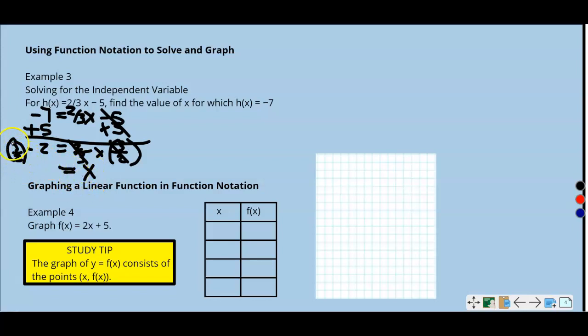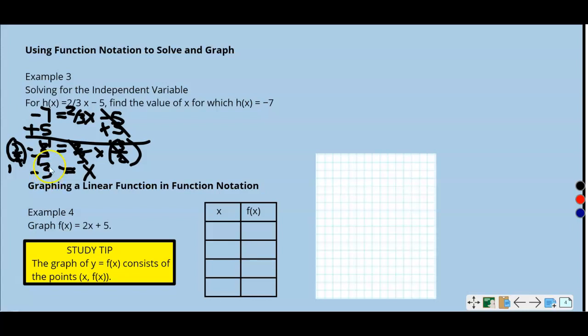So we're going to have 3/2 times -2. Remember, multiplying fractions, you can reduce. Since there is a 2 here and a 2 here, we can make that a 1. And that's just going to be 3 times -1, which is -3 over 1, which is just -3.